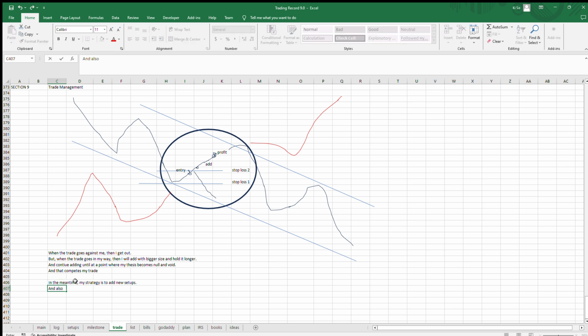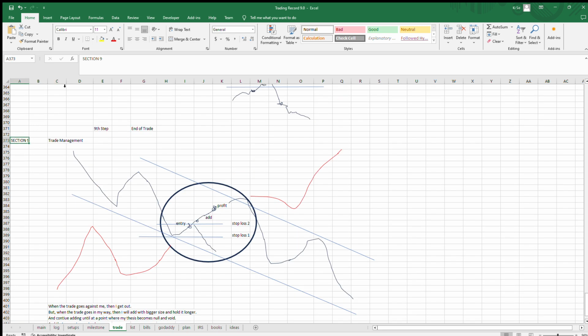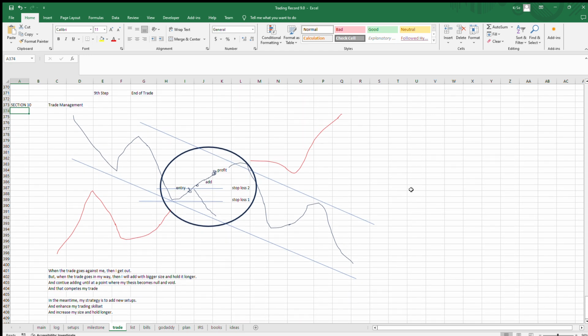And also find ways to enhance my trading skill set, and increase my size and hold longer. That is section 10 of a trade. That's the path that I will utilize.